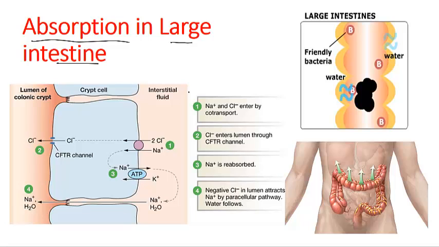One example is E. coli, a friendly bacteria present in our large intestine that helps to generate vitamin K that is absorbed by these large intestinal cells, as well as large intestinal cells absorb a lot of water to make the feces much more concentrated to be released outside the body.